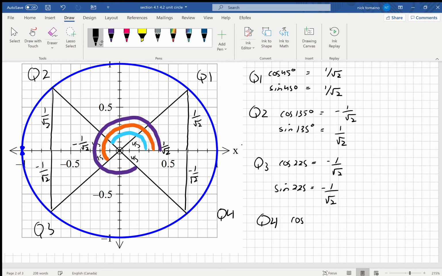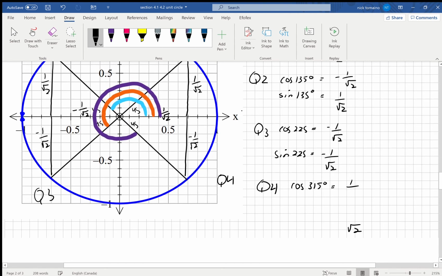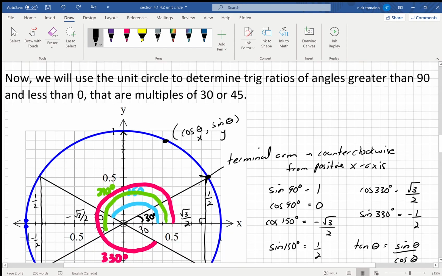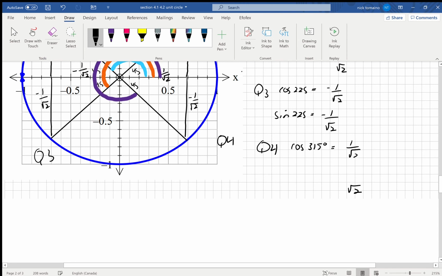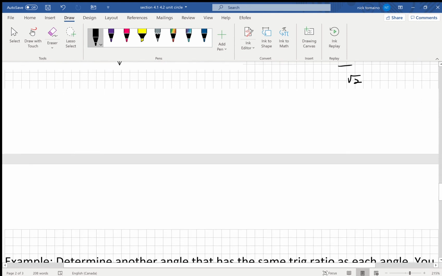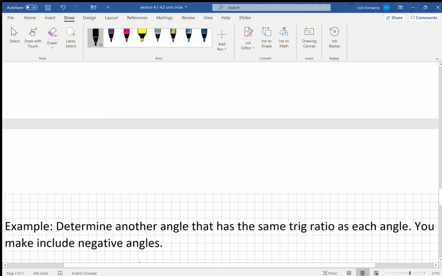So you have cos of 315 is going to equal the adjacent, which is 1 over root 2, and then the sine of 315 is going to be negative 1 over root 2. All right, perfect. You're going to have to look over that a couple times. This is pretty complicated.